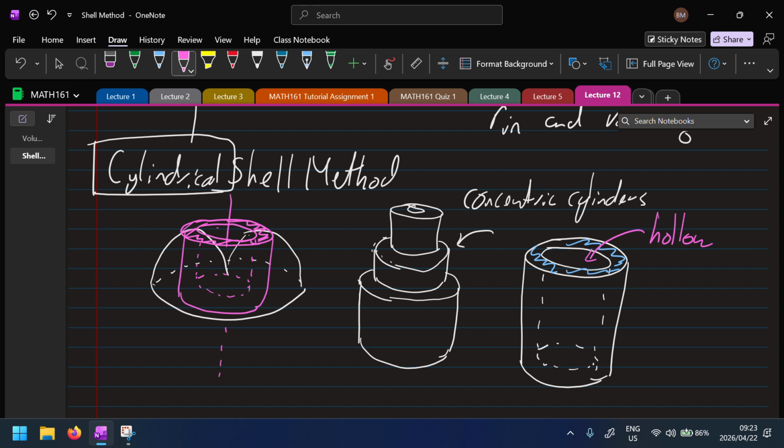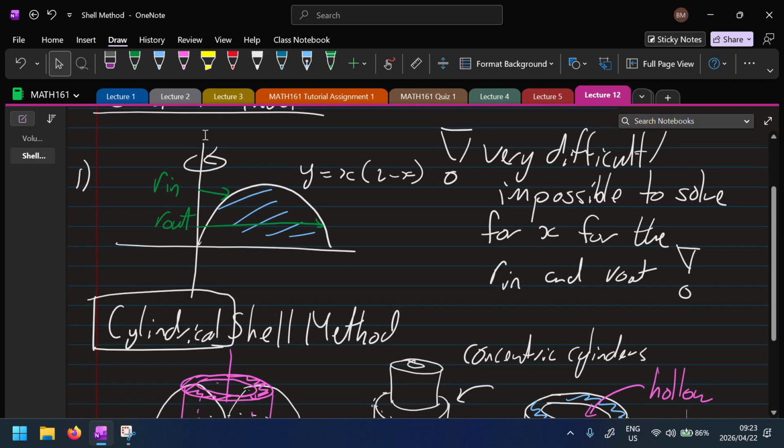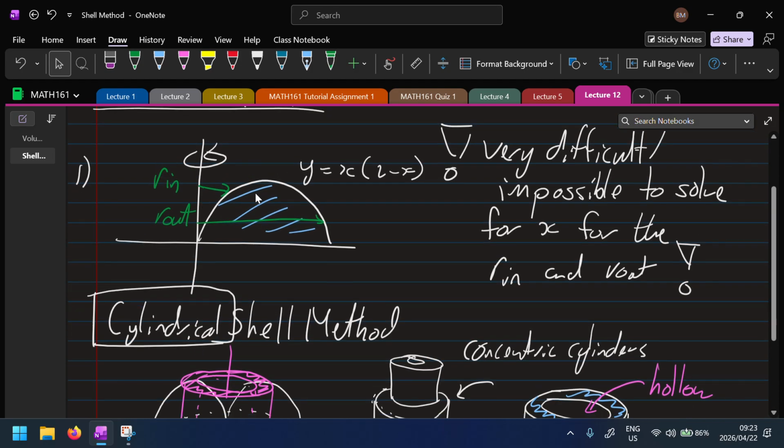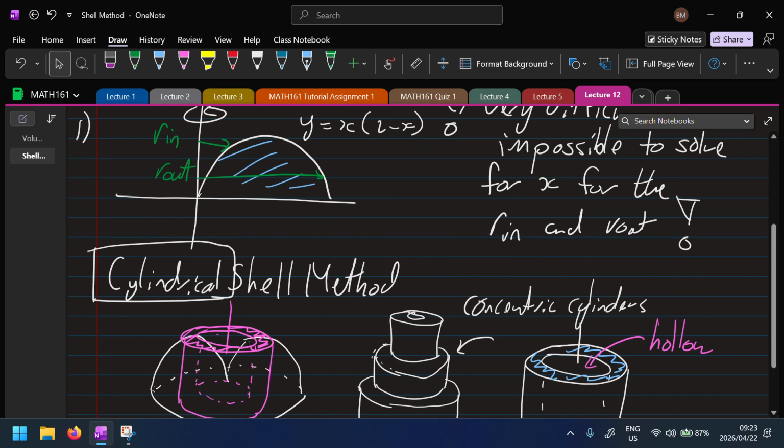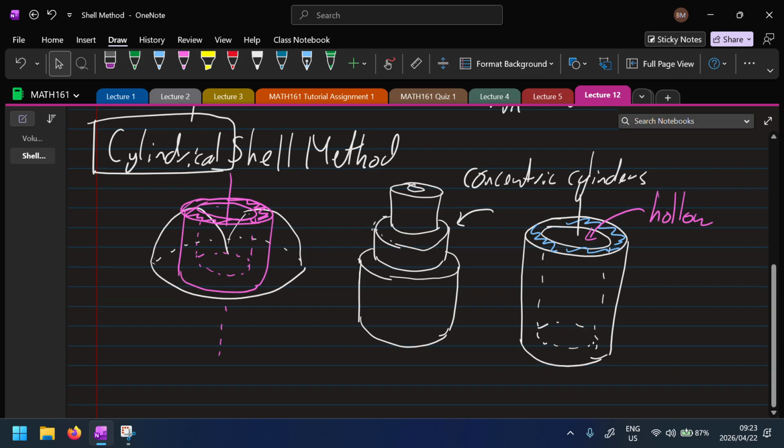The radius of the cylinder, we know what that's going to be. It's from the y-axis going outwards, so the radius is x. Remember, the y-axis is going through the middle from this first picture. This radius here is x.